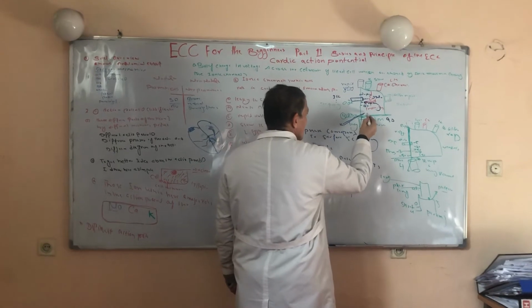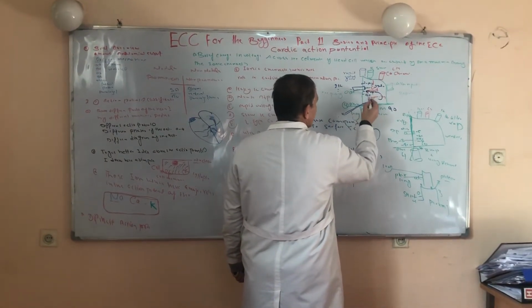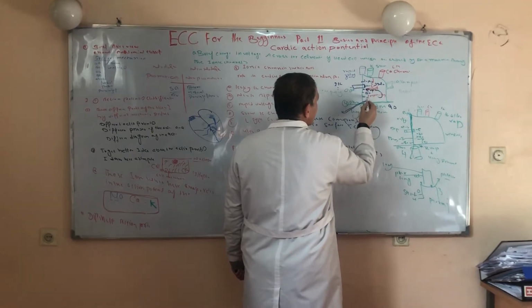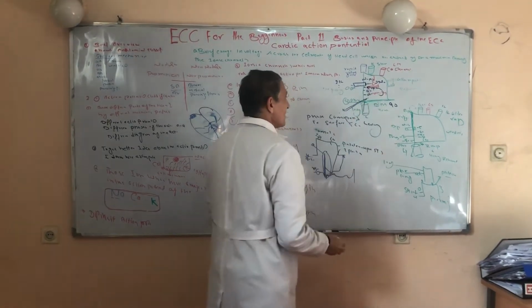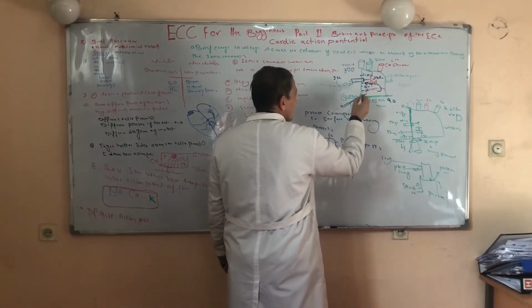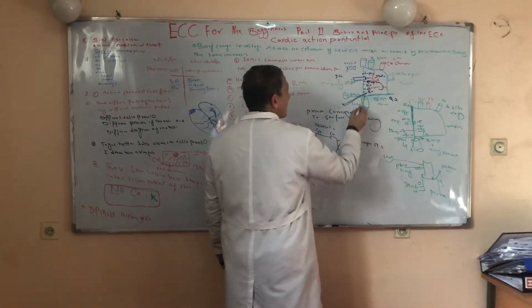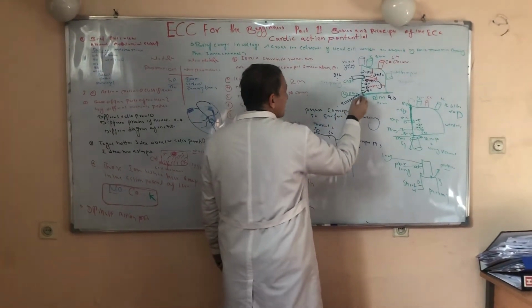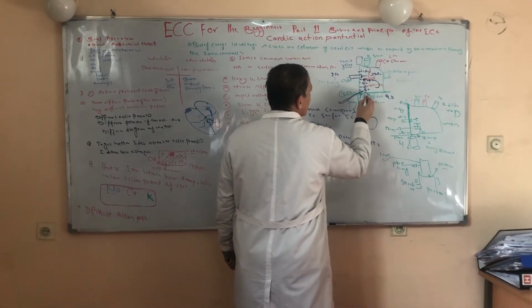Still the potassium is leaking from inside the cell to the outside, and this minus 30 becomes minus 60. And finally, this minus 60, still the potassium is leaking from inside the cell, and this comes to minus 80. And finally, potassium leaving the cell produces a minus 90 millivolts.